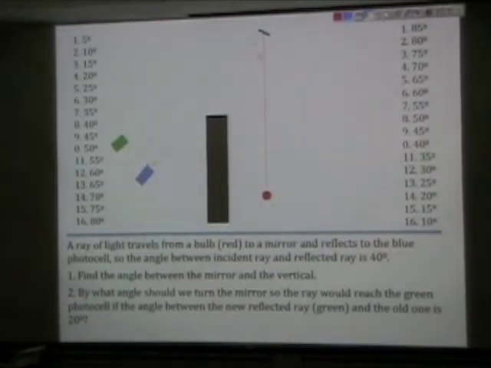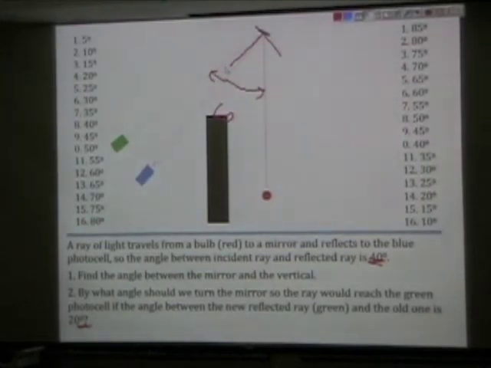To turn the mirror, your new angle is supposed to be equal now to 40 plus 20. It's 40 plus 20 more, 60. That means if you turn the mirror, your new normal is supposed to be directed like that.